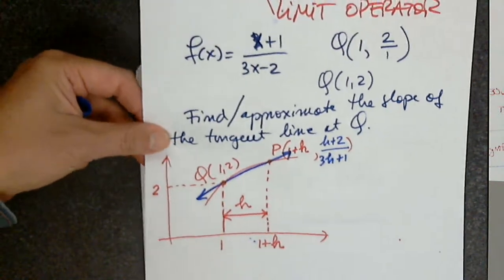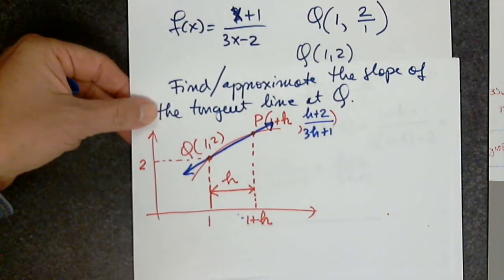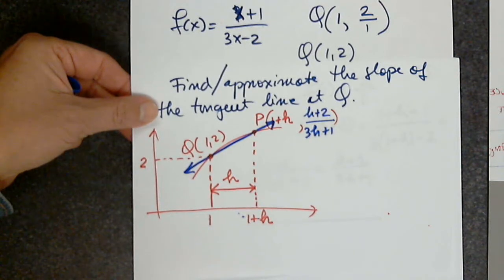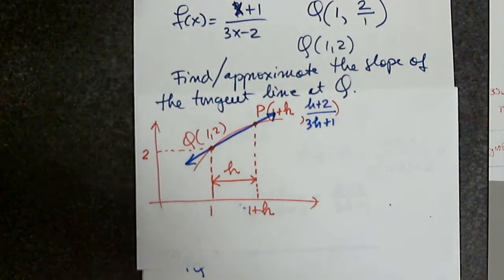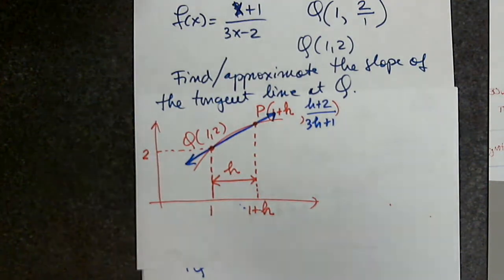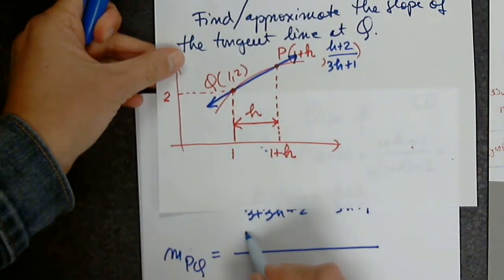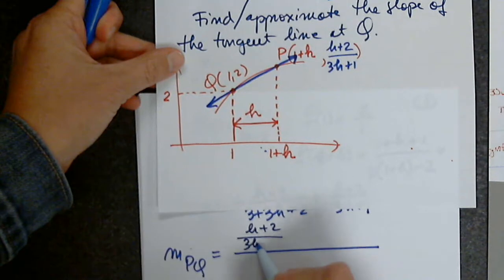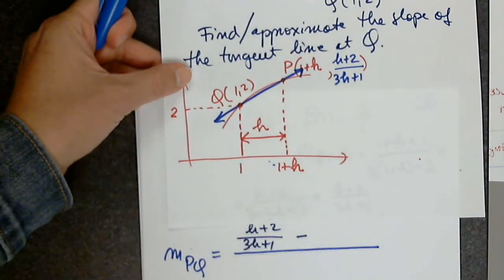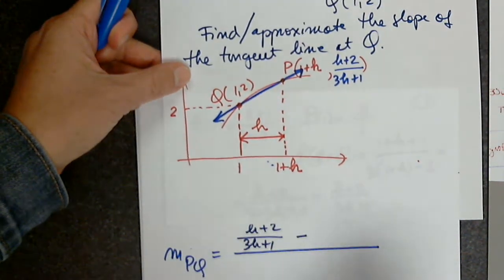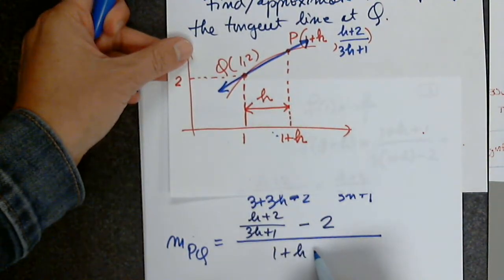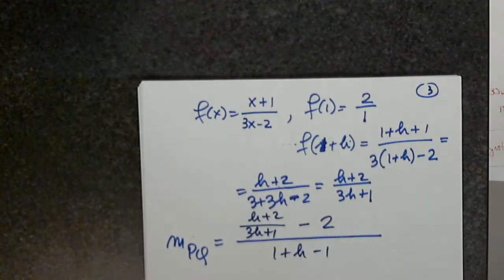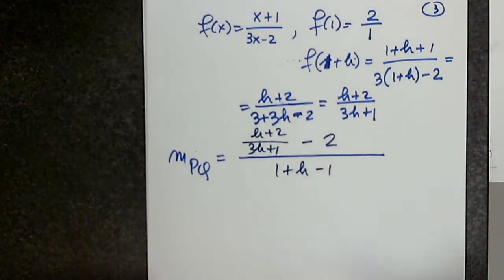Can anyone dictate the slope of PQ? h plus 2 over 3h plus 1 minus 2, sorry. Very good, excellent. Over 1 plus h minus 1. Excellent. Thank you. Perfect.